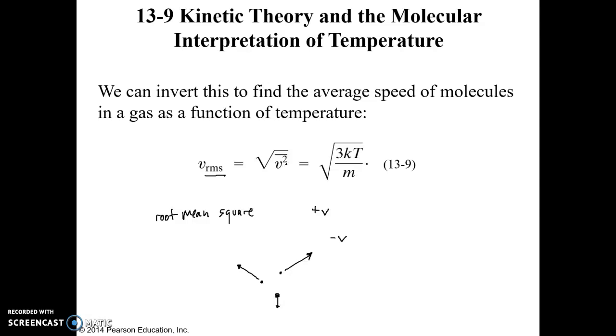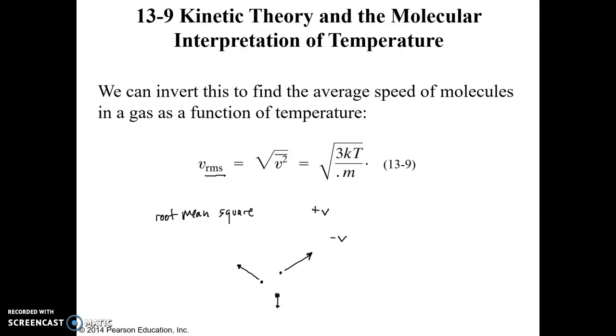So we can do that by squaring it, which makes it positive. If you take a negative velocity and square it, it becomes positive. And then when we take the square root, although that might technically be a plus or minus, we usually infer from a square root that we mean the positive root. So that's the reason we do that. We take the root mean square just to essentially get everything positive.